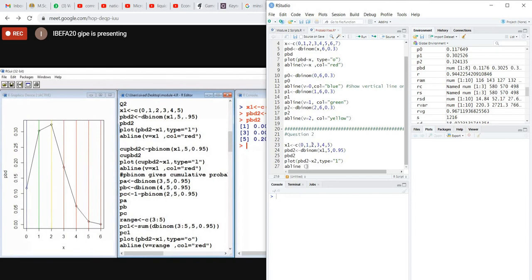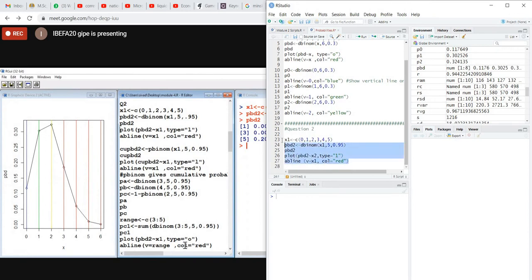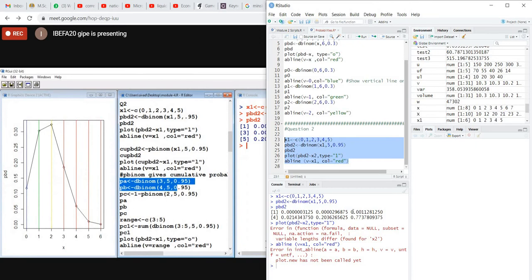Zero, 1, 2, 3, 4, 5. But we want the probability for 3, 4, so dbinom(3, 5, 0.95) and dbinom(4, 5, 0.95).